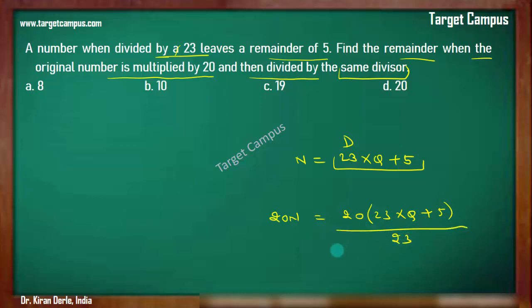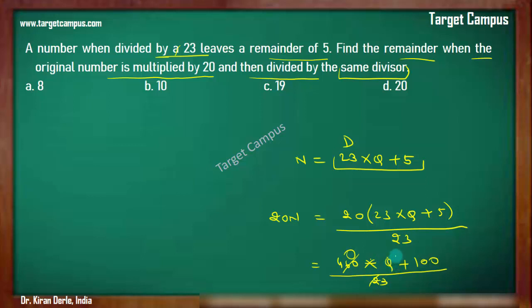I hope you are getting this point. So 23 into 20 is 460. Here we have a short concept, but let us try to understand with this. This is q only, plus 100 upon 23. Again, if you divide 460 by 23, the remainder will be 0.